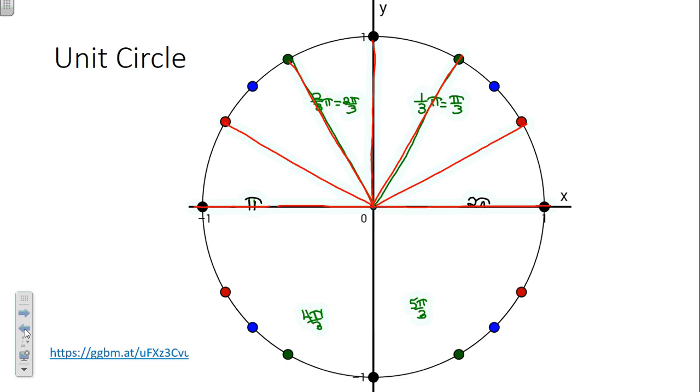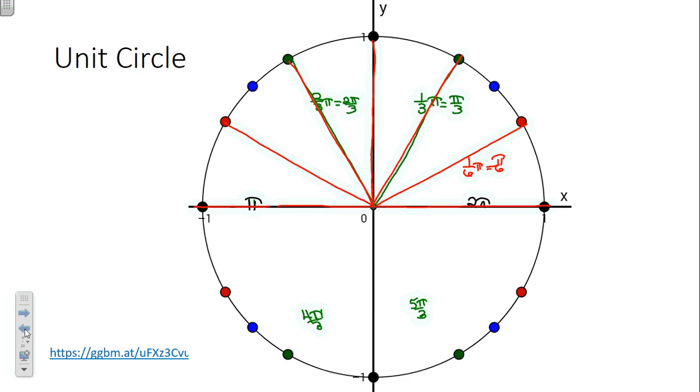Are they all equal parts now? Okay. So how many parts do I have? 6. So how much of the pi is this one? 1/6 pi, or pi over 6.